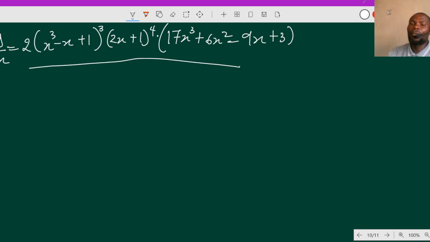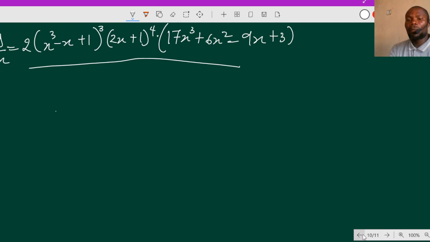That is the final answer. The reason why we are solving this the long way is that we need to explain it in a very simple way.